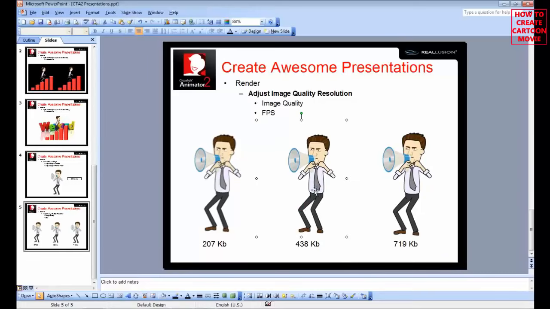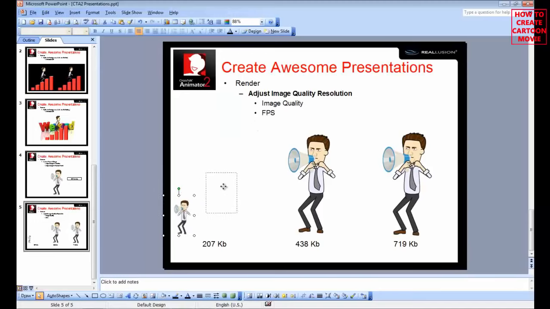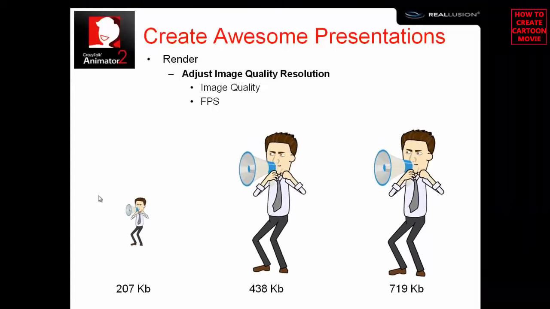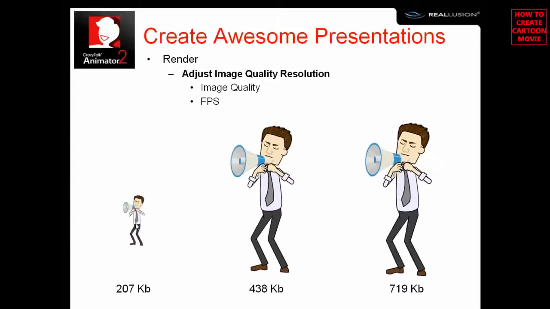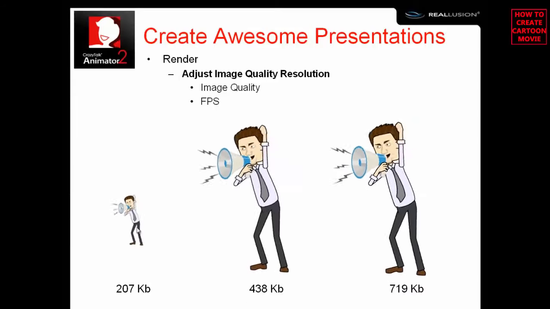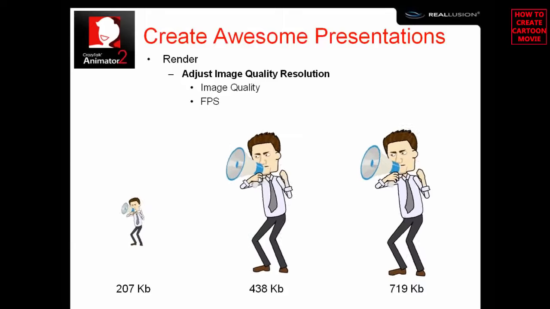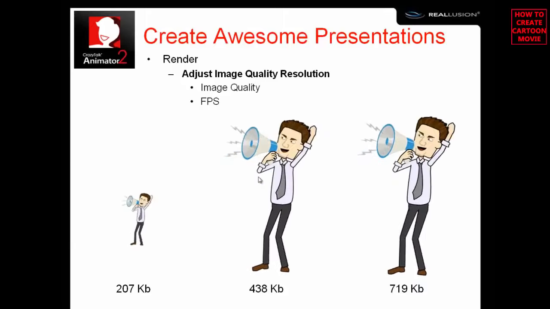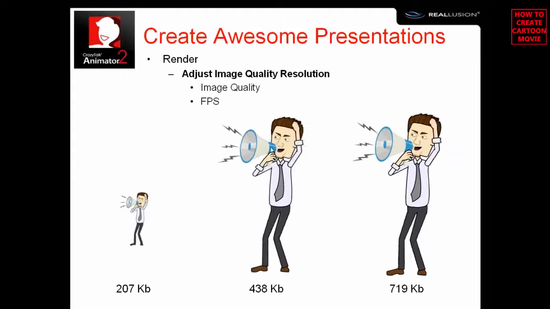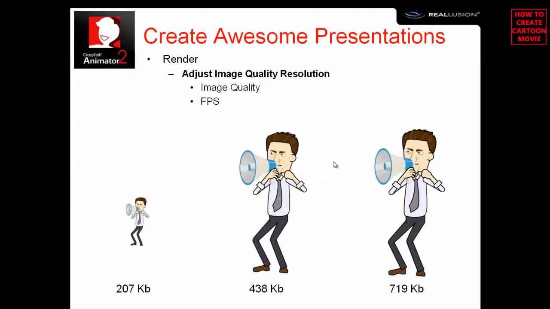Obviously, this depends on what kind of presentation. If, for example, I'm just creating an animation like this because I'm going to use a small, decorative icon, something very small, then I don't really mind using a low quality one to save that memory space. So I can actually use this. If I'm going to use something that's going to cover half the height of my presentation slide, then I might want to use this middle one.